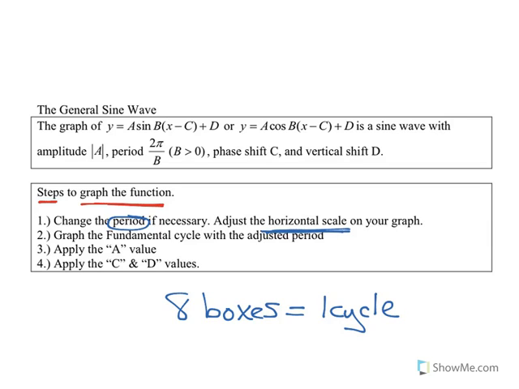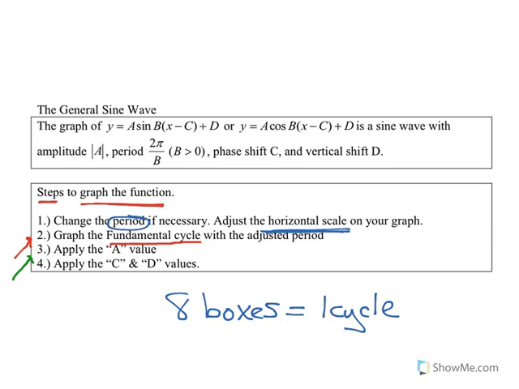Once you are done setting up your scale, you then want to go ahead and graph your first fundamental cycle of sine or cosine. After you have your parent function graphed on the new scale, you can then go ahead and change the amplitude or the A value.